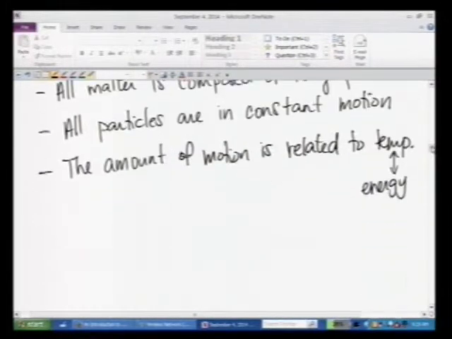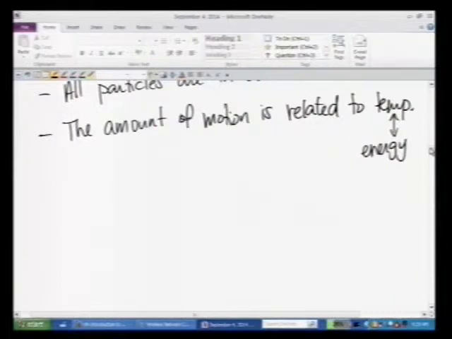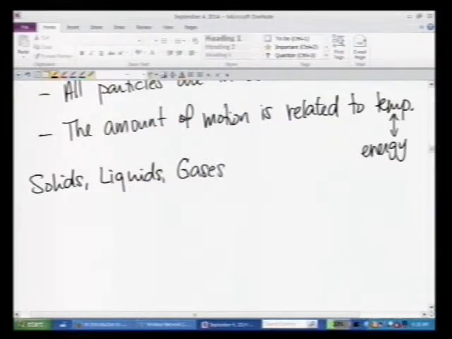Okay, so we need to apply this to solids, liquids, and gases. The key difference between these three physical states of matter is in the motion of the particles.